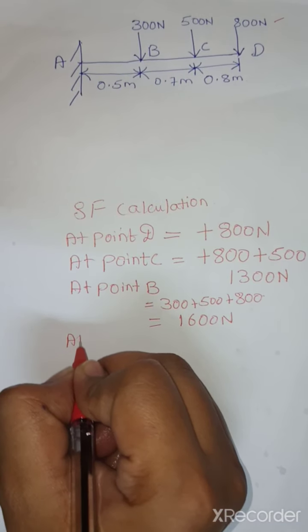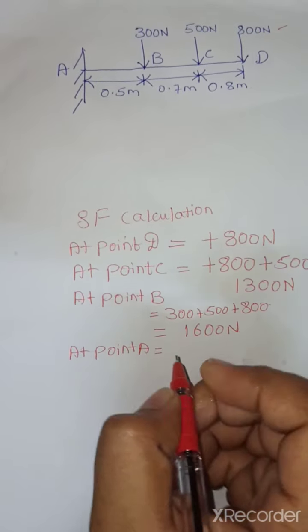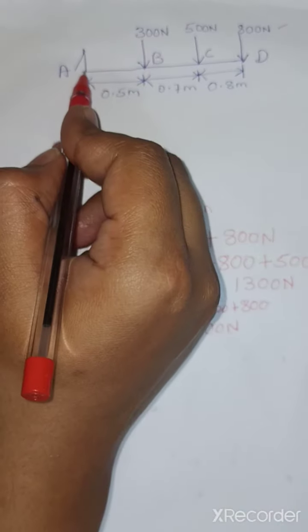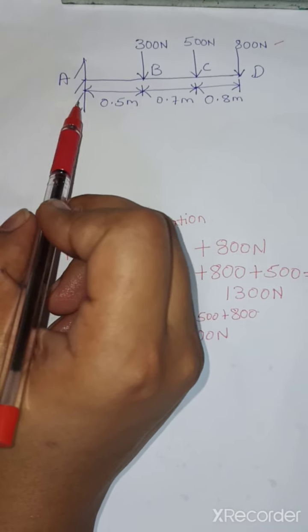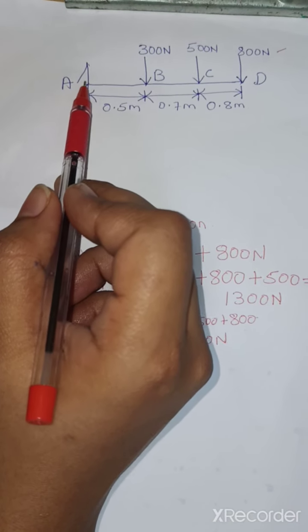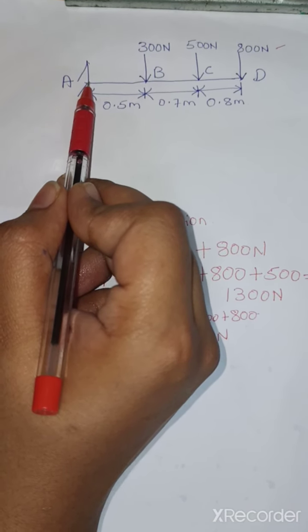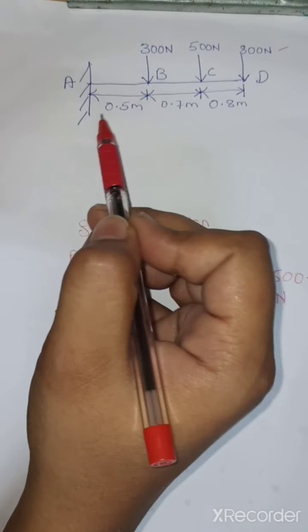Next at point A, we don't have any force exactly acting on point A, but the shear force is the force acting at that point plus the previous points we take into consideration.